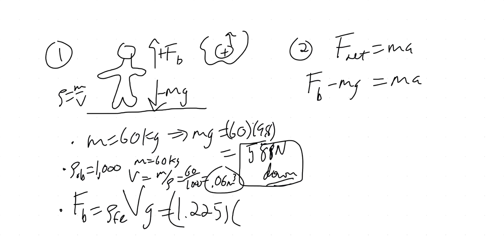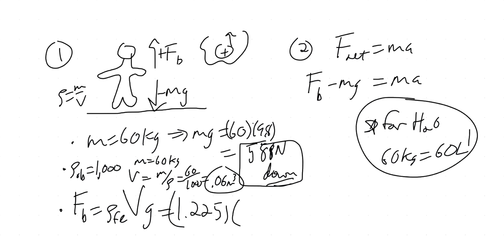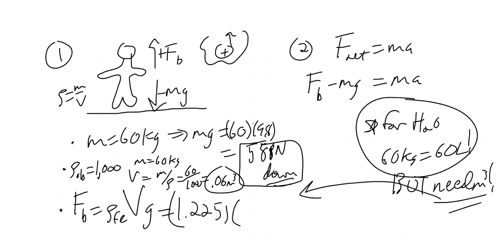Now, you might remember that for water, 60 kilograms is 60 liters. Great shortcut. But we need cubic meters for the equation. So be sure that your volume is in cubic meters.